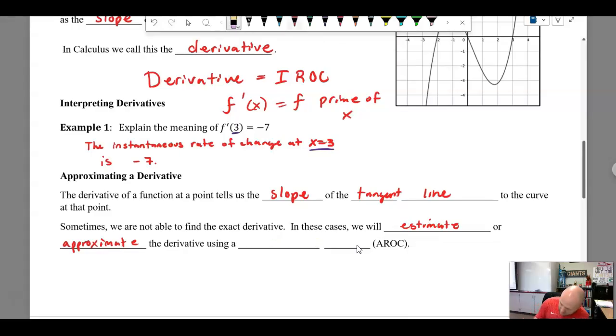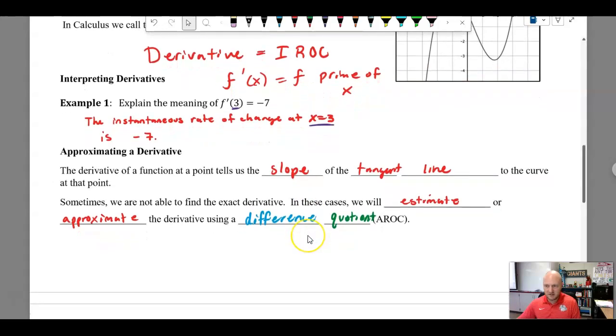And actually, I'm going to use different colors here so I can kind of highlight something. Difference quotient. So this is important in AP calculus, and I believe in AP precalculus too, we talked about this. So hopefully you've had that experience, and that will help.